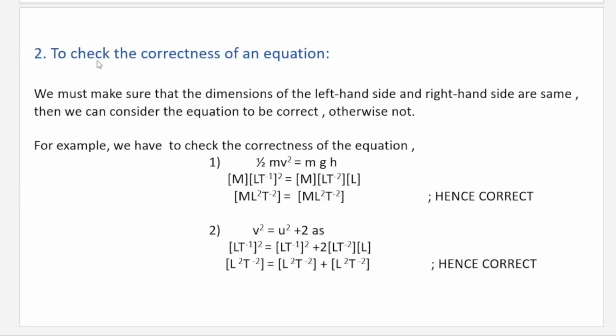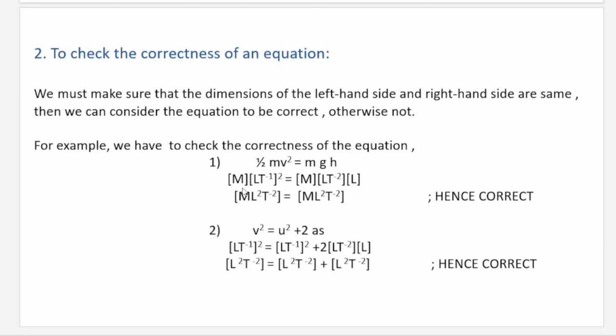Next use is to check the correctness of an equation. We must make sure that the dimensions of the left hand side and right hand side are the same. Then we can consider the equation to be correct, otherwise not. It is kind of similar to the principle of homogeneity. So for example, we have to check the correctness of the equation 1 half mv square equal to mgh.